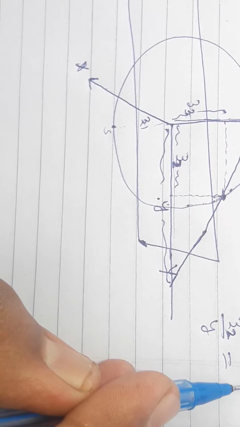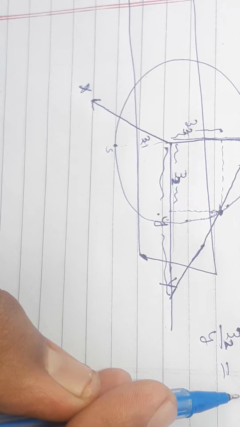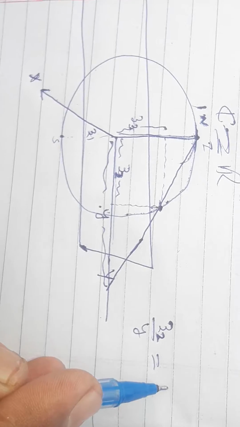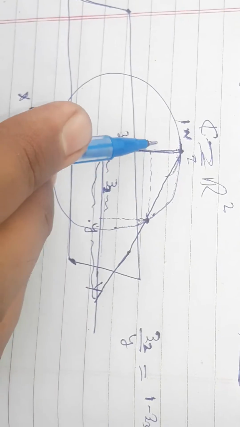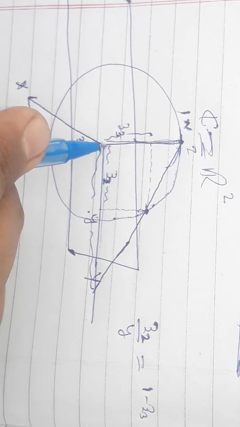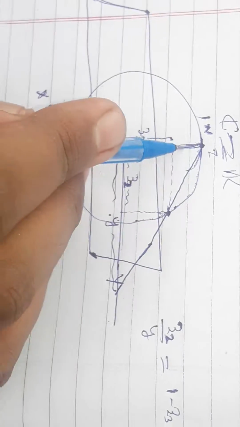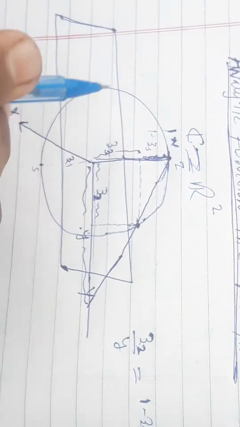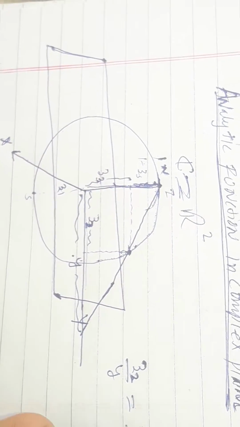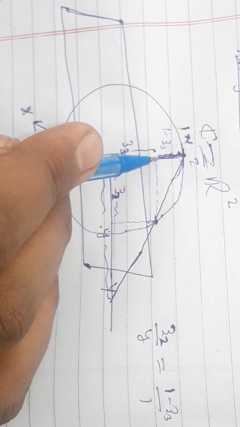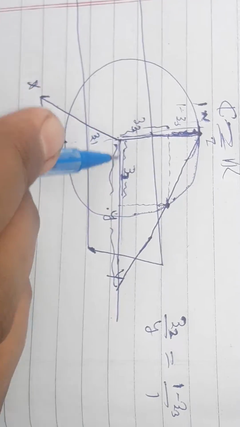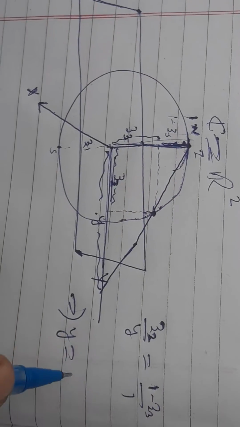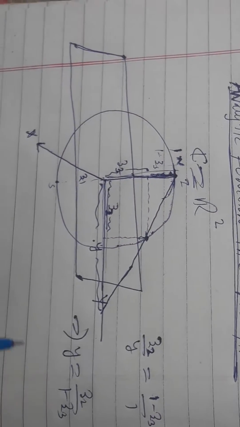So xi2 upon y equals 1 minus xi3 over 1, meaning the whole is 1, this portion is xi3, and this portion is 1 minus xi3. This portion over this portion gives y equal to xi2 upon 1 minus xi3.